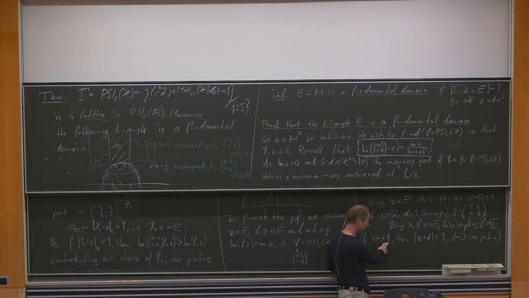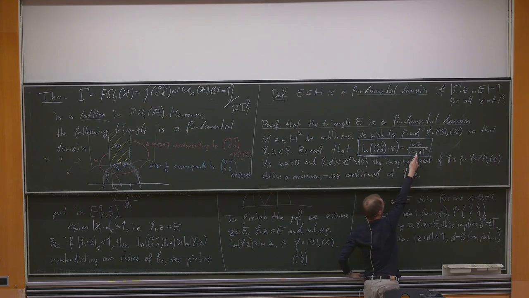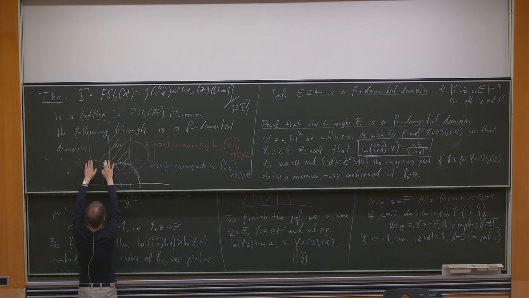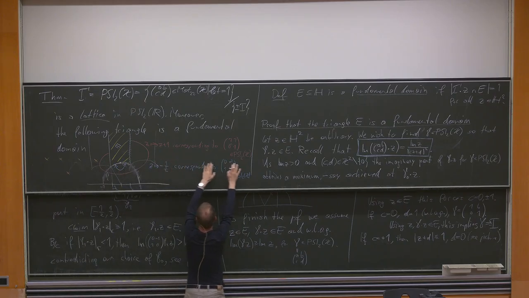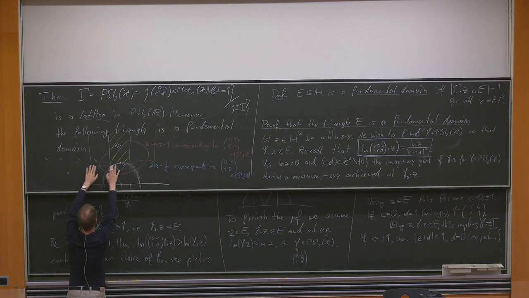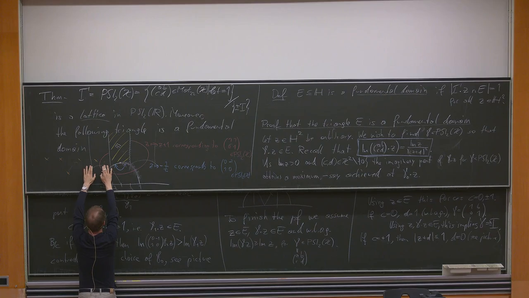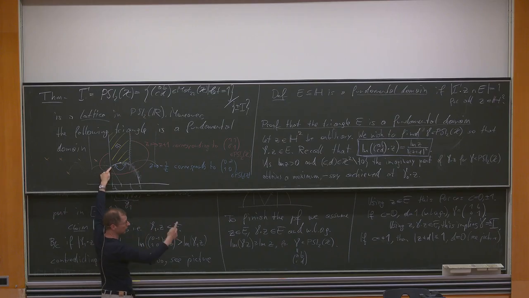If c is 1, the c equals 0 case we understand. If c is 1, then this formula coming from the blue box simplifies to z plus d is less or equal than 1. Z is from this triangle, and I shift it left, right, maybe by more. If I shift it by more than 1, it will never touch the unit circle. So I need to shift it by 1. And then potentially only one point inside E will still satisfy this formula.